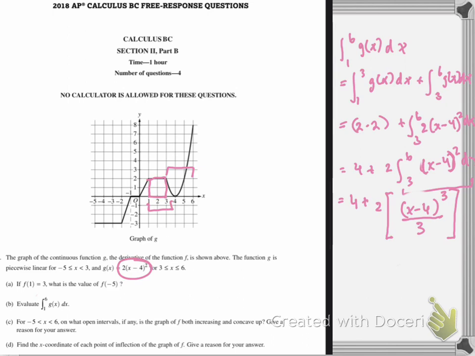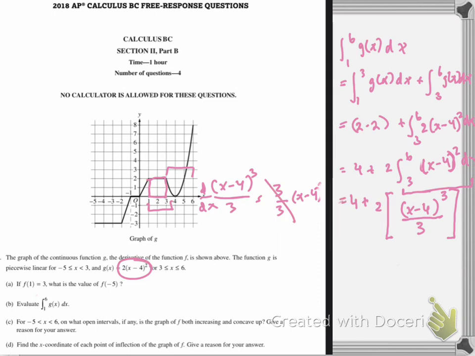That's how the power rule works. If you differentiate (x minus 4) cubed over 3, you get 3 over 3 times (x minus 4) squared, which works out perfectly.